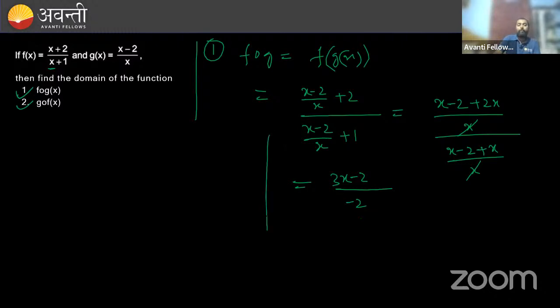Right, so how can we find the domain of fog? So first we'll find the domain of f, because if something is not in the domain of f, then it will not be in the domain of fog either. So domain of f of x. What is f of x? (x plus 2) divided by (x minus 2)... So domain of f of x will be R minus {1}.